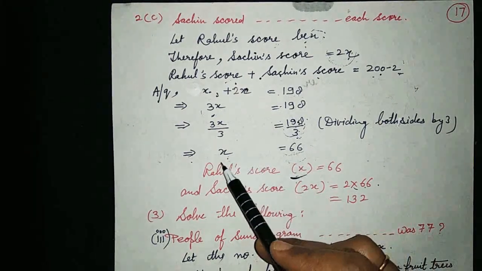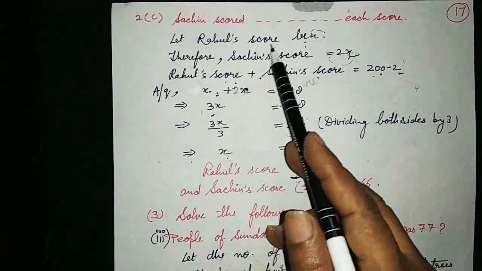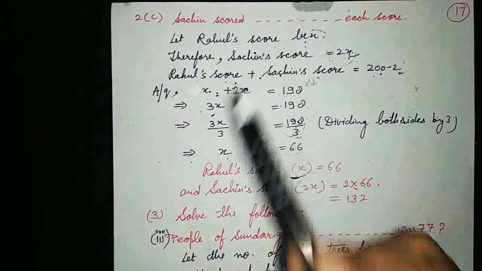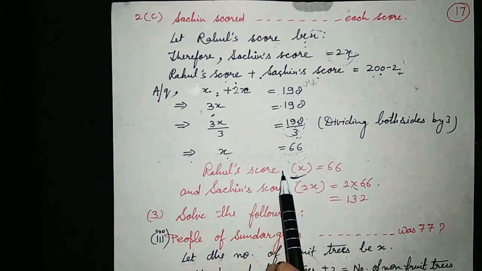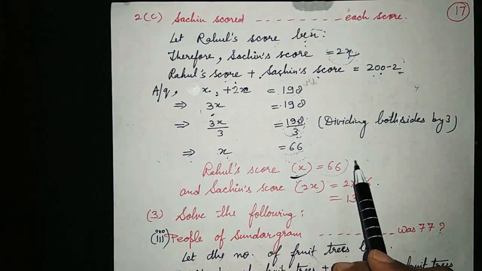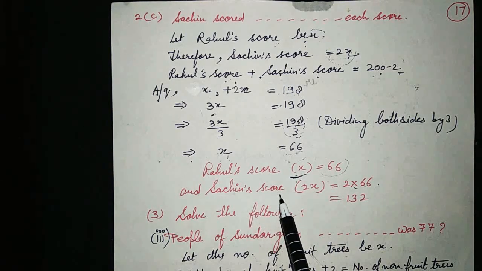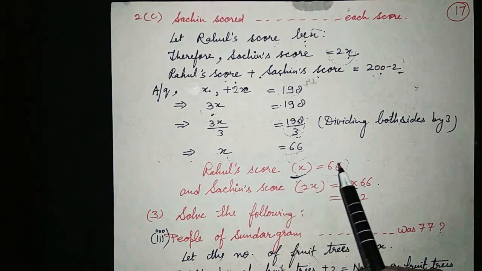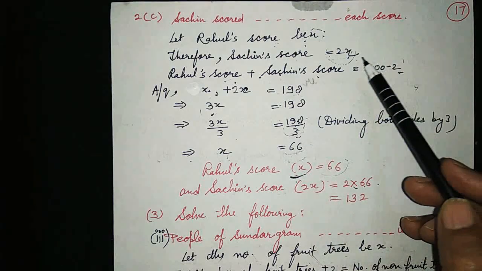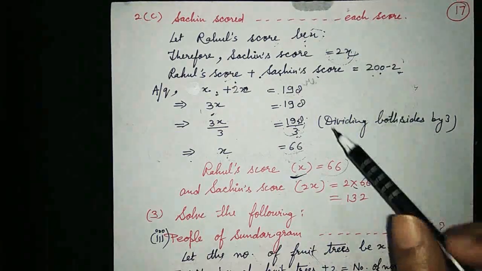Now what is 66? 66 is x, and what is x? x we have assumed Rahul's score. So Rahul's score is 66. Now we have to find Sachin's score also. So for Sachin's score, we will put the value of this x in 2x.